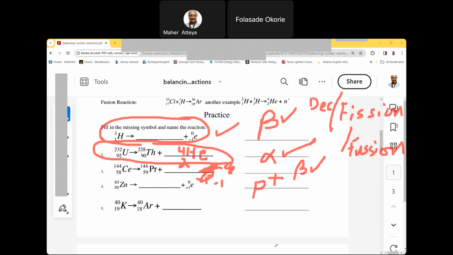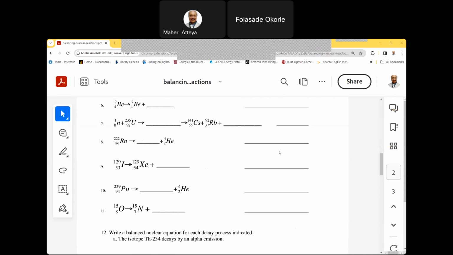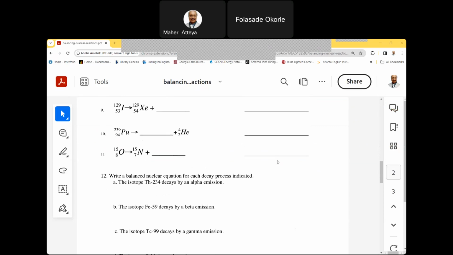That would be 0. Number 5. Positron. That's positron. 0 mass, plus 1. Yeah, +1. How about number 4? Number 5. Okay. 0 and 1. That is positron, correct? Yes, positron.